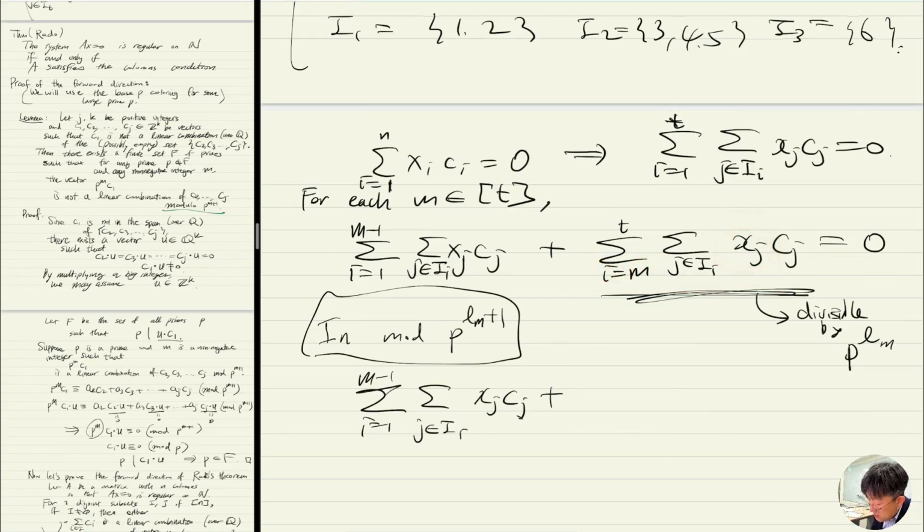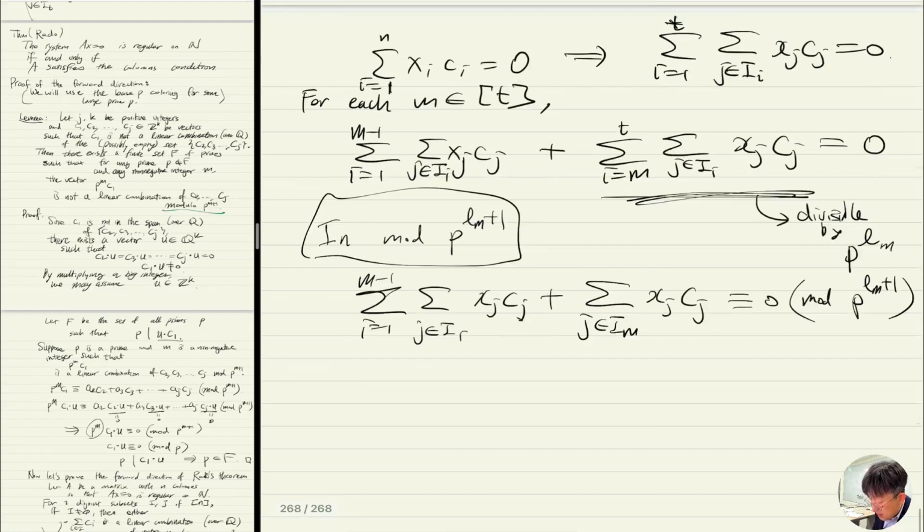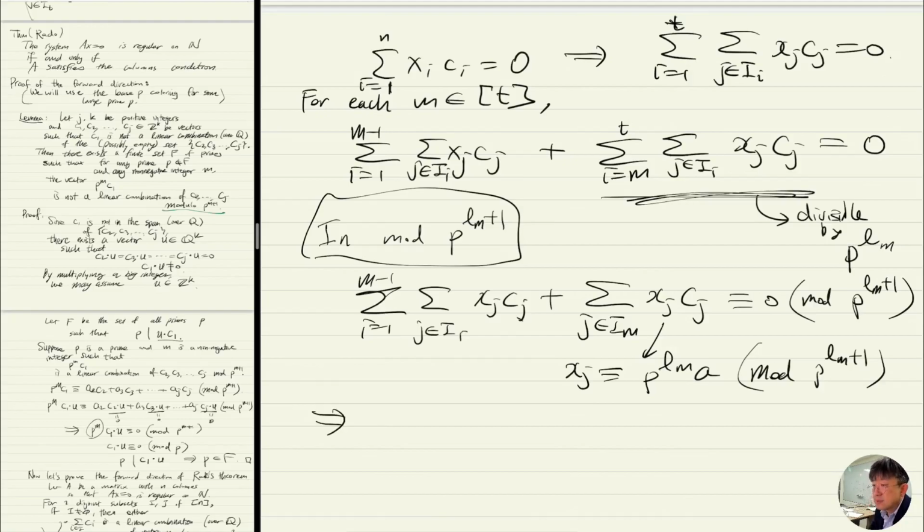So the only thing that remains is when i is equal to m. And xj here is equal to p to the lm times a modulo p to the lm plus 1.